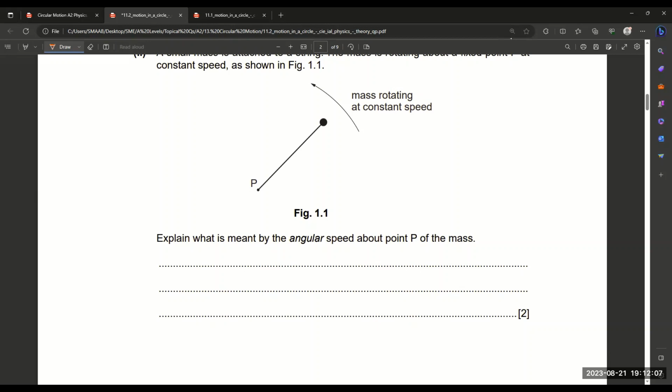So we will write the rate of change of angular displacement.